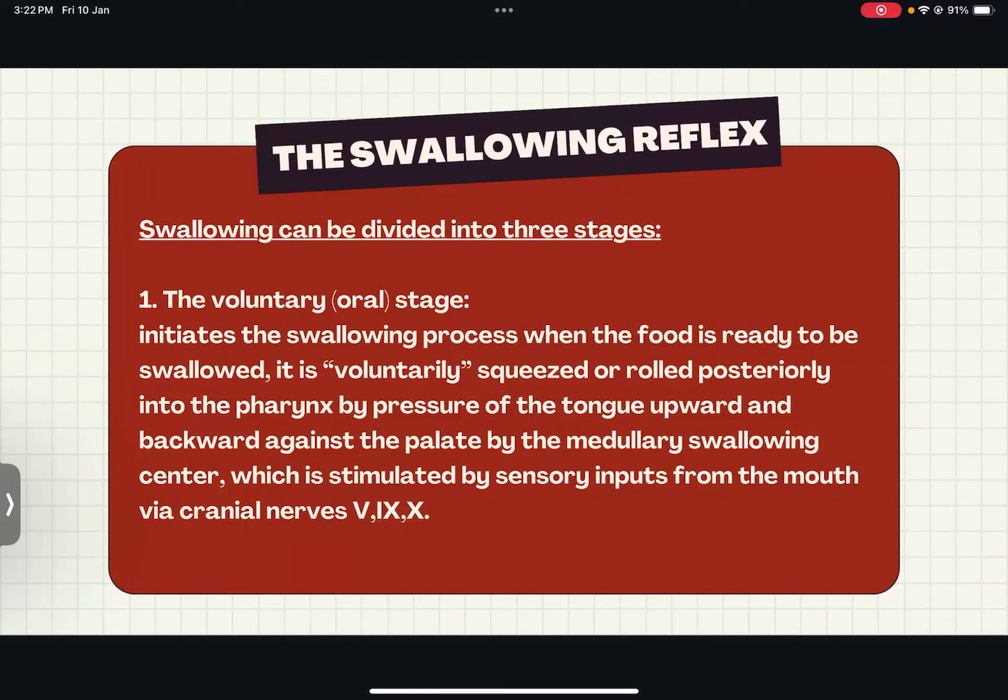So what happens here is that the tongue thrusts up and back in order to posteriorly push the bolus down toward the esophagus, and this is also controlled by the medullary swallowing center, as we mentioned before, and the cranial nerves 7, 9, and 10.